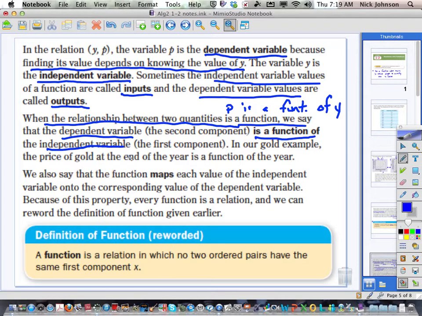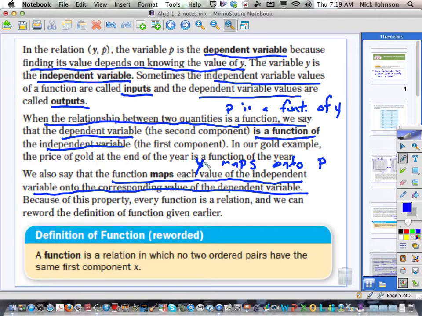We also like to say that the function maps each value of the independent variable onto the corresponding value of the dependent variable. So what you can also say is that y maps onto P. Y maps onto P. And it's all about the wording down here.